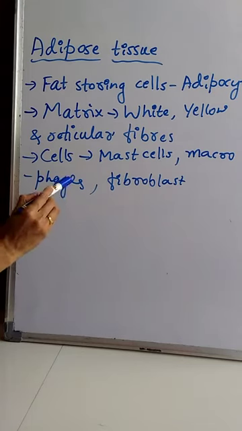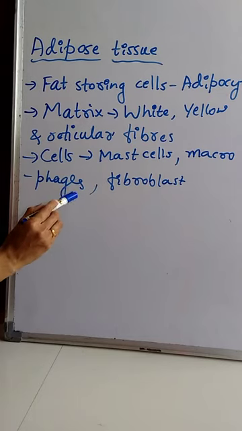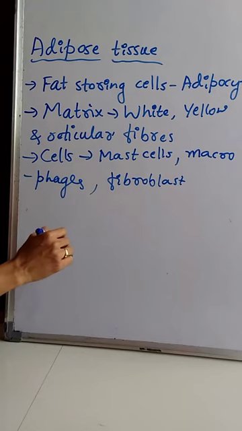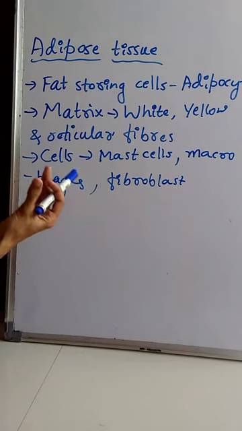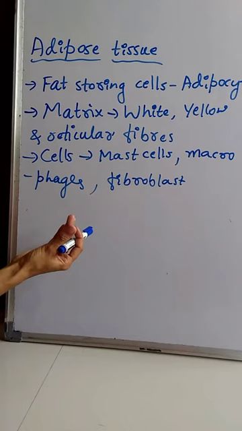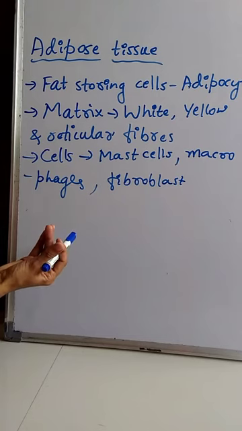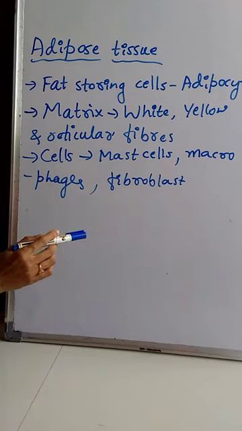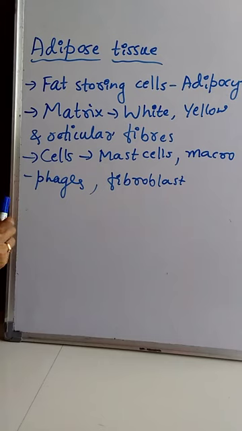In case of adipocytes, or fat cells, at the center, large fat droplets will be present. Hence the nucleus is present at the periphery, means at the side.